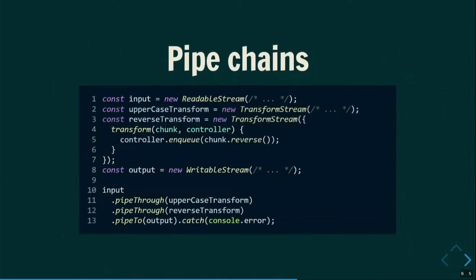If you have multiple transform streams, you can do pipeThrough, pipeThrough, pipeThrough, and then eventually pipe it to your final output. This is what really takes advantage of the Streams API, and what you usually would write as your top-level application code, where you set up your entire long pipe chain that does all of your application logic.